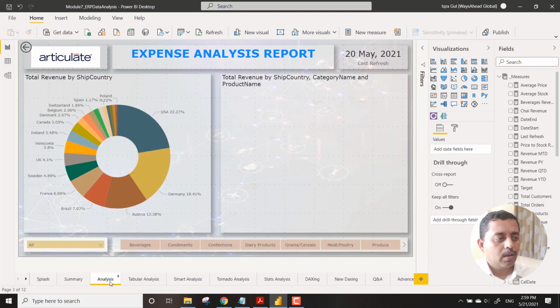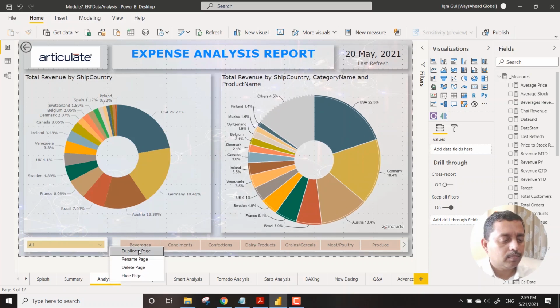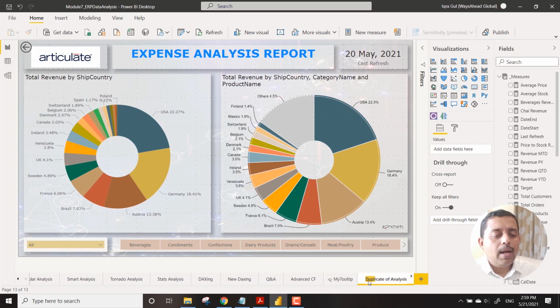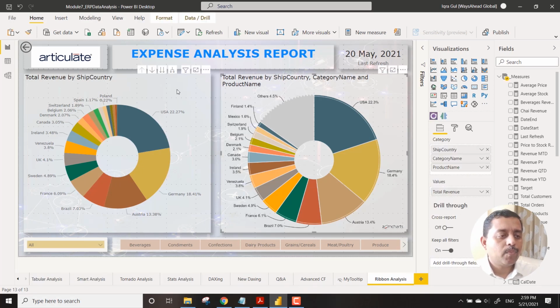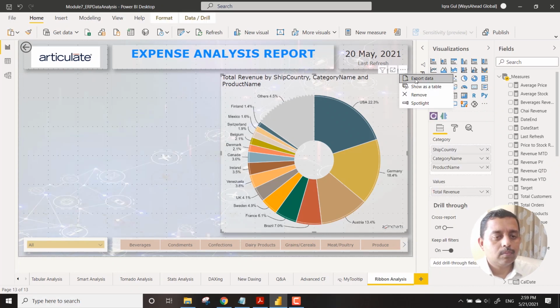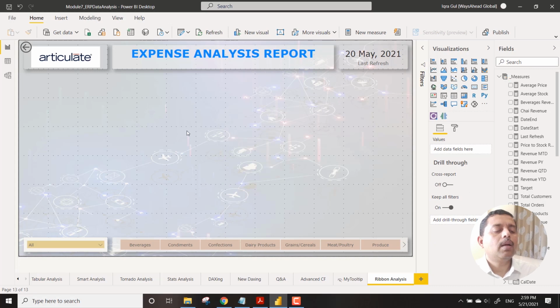I will take a duplicate of this. And this is my favorite analysis, ribbon analysis. Ribbon analysis also includes some AI-powered inferences, but at a lower level.